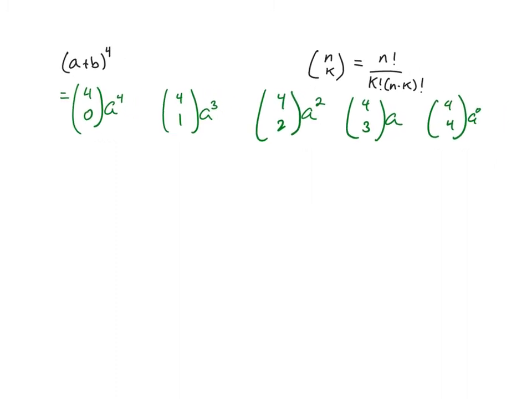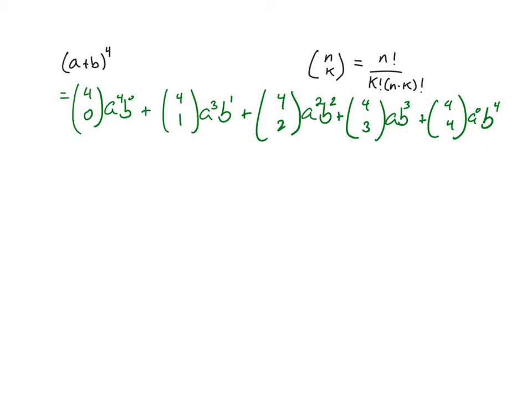Now with the b, I'm going to start from right to left the same way. B to the 0, b to the 1st, b squared, b to the 3rd, and b to the 4th. In this case, because this is positive, all of them are going to be positive. I'm going to show you later what's going to happen when we have a subtraction there, right?